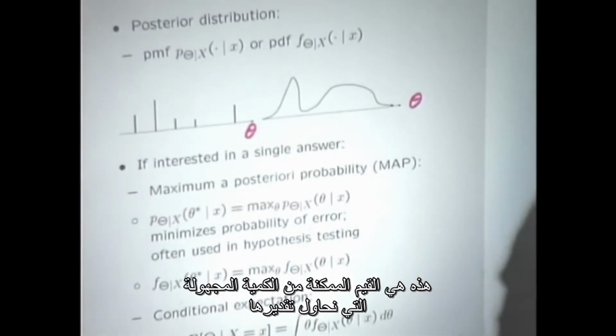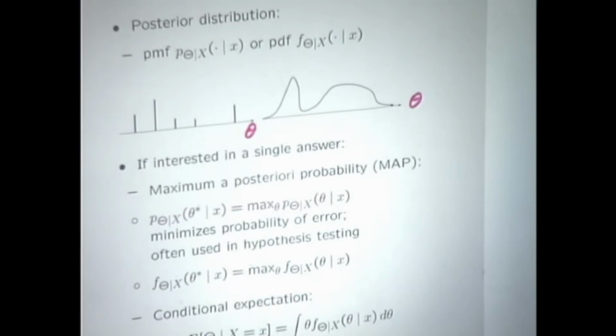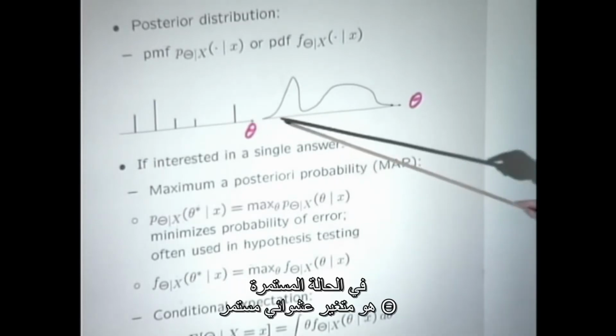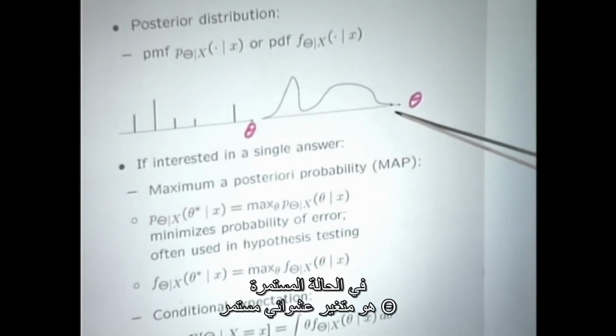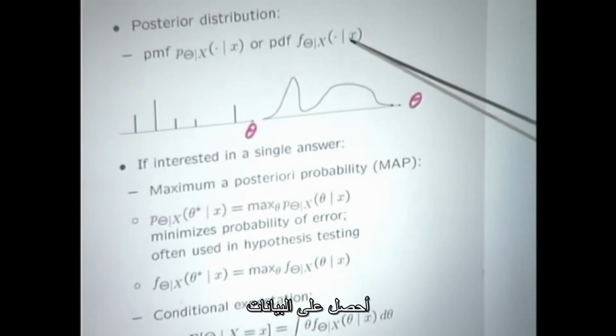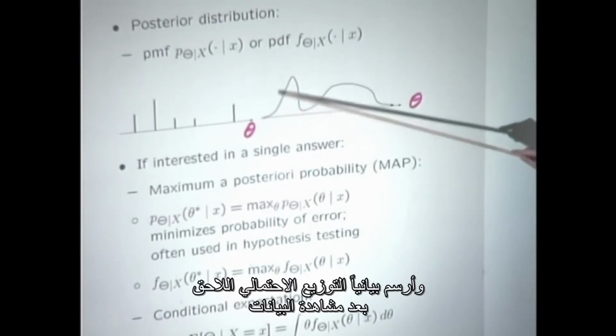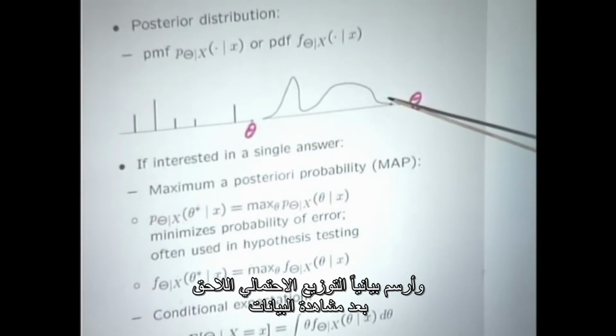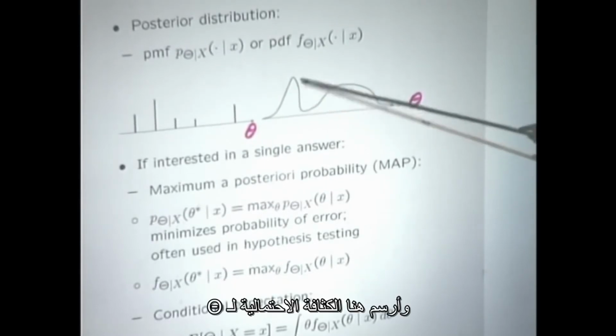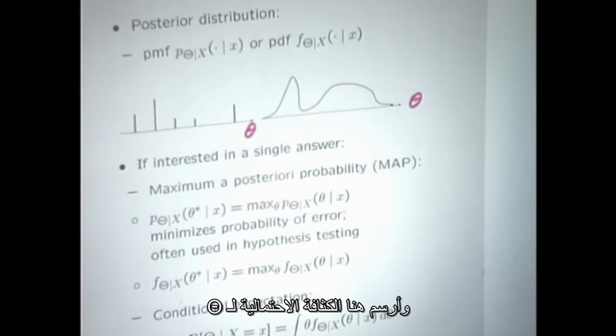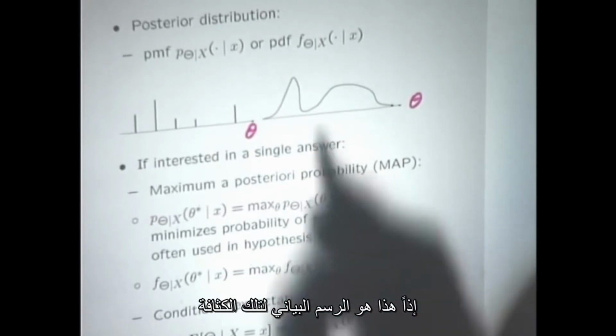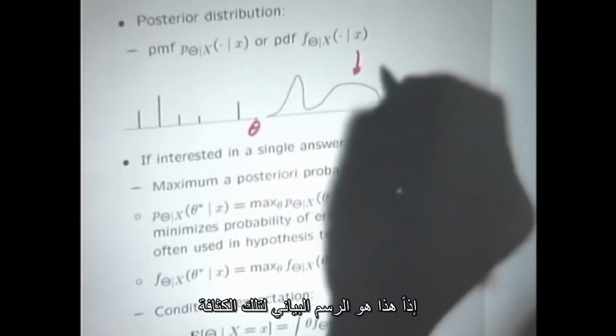These are the possible values of the unknown quantity that we're trying to estimate. In the continuous case, theta is a continuous random variable. I obtain my data, and I plot the posterior probability distribution after observing my data. And I'm plotting here the probability density for theta. So this is a plot of that density.